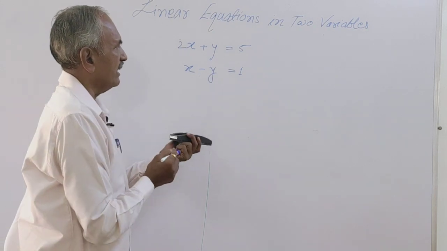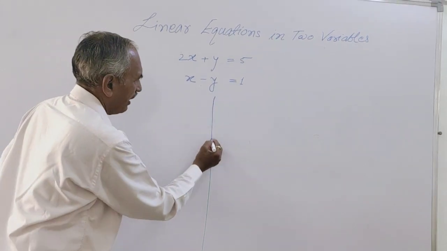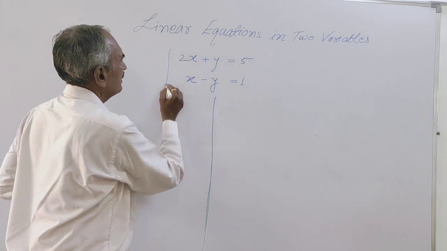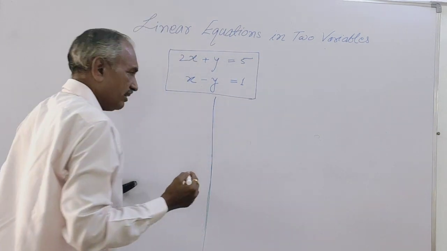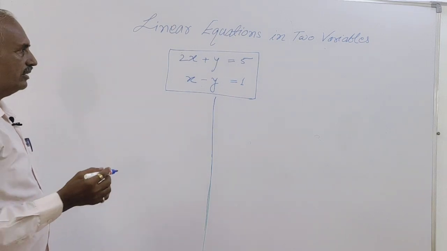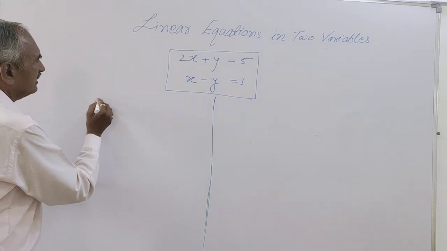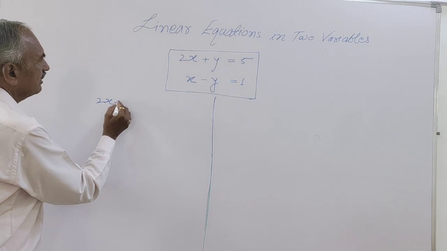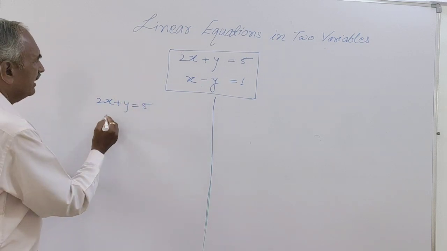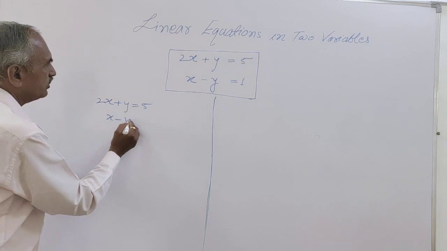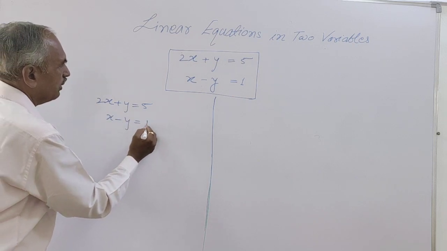I will solve these two equations. One method I am using here: 2x plus y is equal to 5, x minus y is equal to 1.